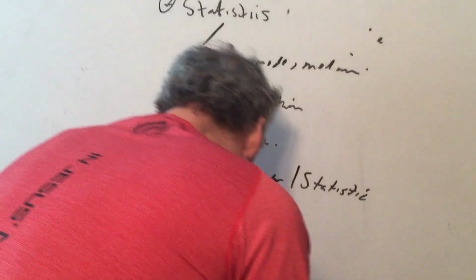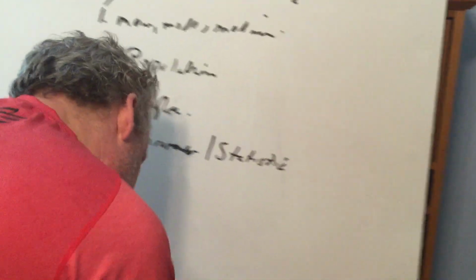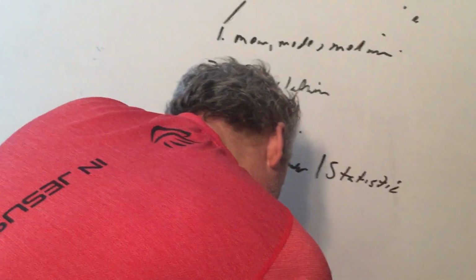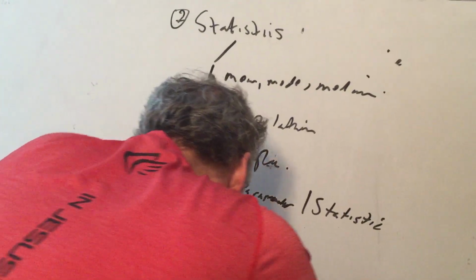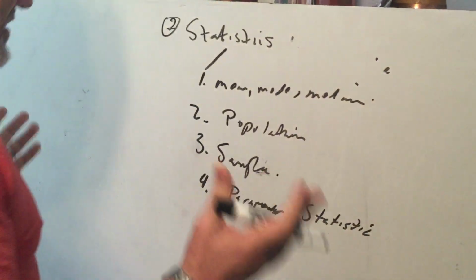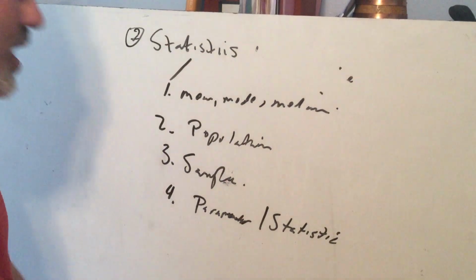You guys got it on the YouTube, but I like to give you the difference between the two. So, statistic and parameter. The parameter is a measure that describes a population.